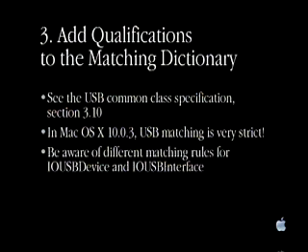What that means is that if you want to match, say, the second line, which was ID vendor and ID product, you must include both of those fields in your matching dictionary, and you may not include any additional fields in your matching dictionary, such as the device class or the device subclass, or else your matching dictionary will fail.